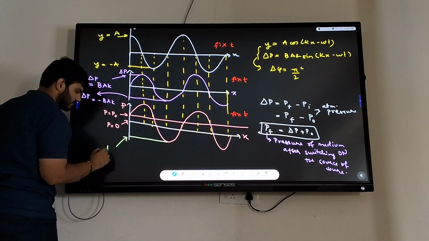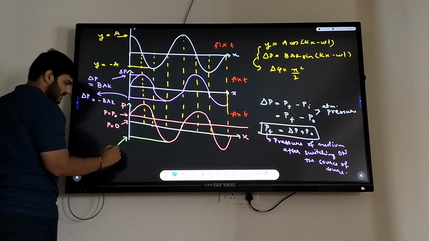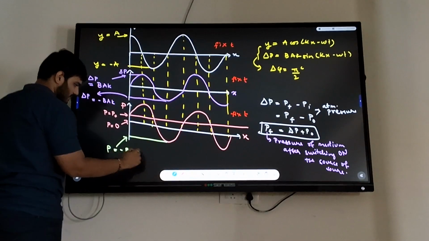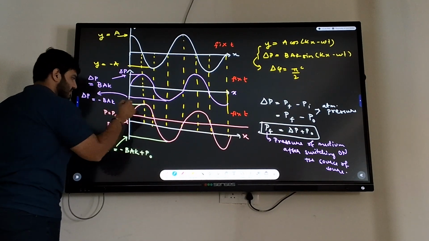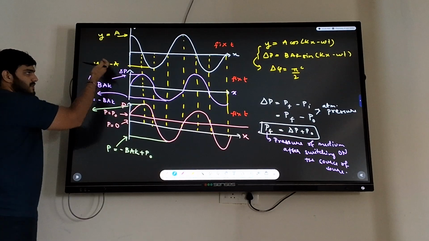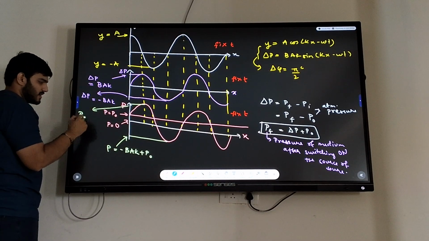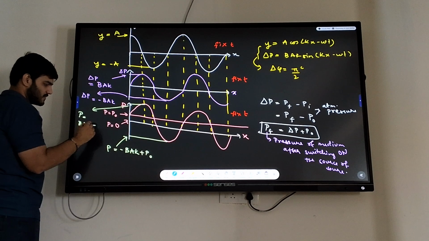What is this P value? That will be minus BAK plus P naught. And what about the max value here? BAK plus P naught. Just add a constant. So BAK plus P naught.